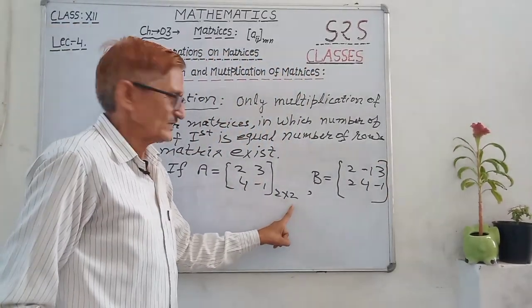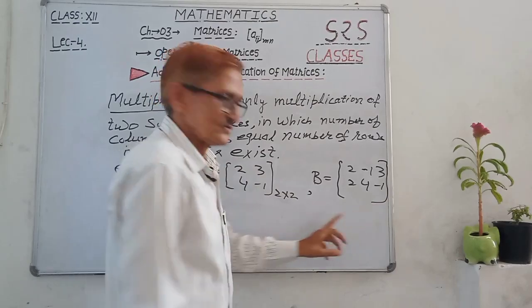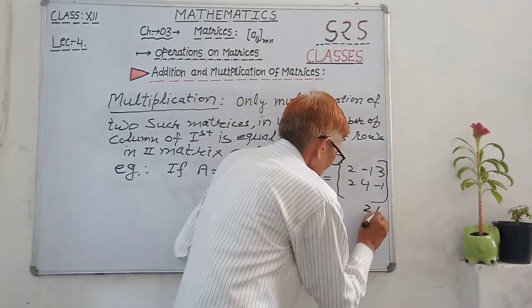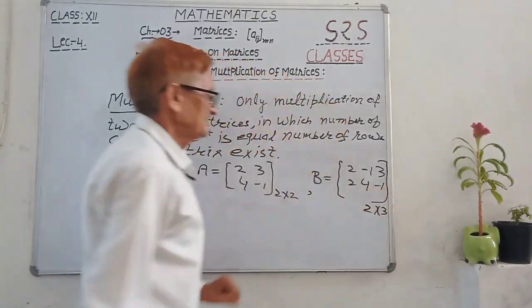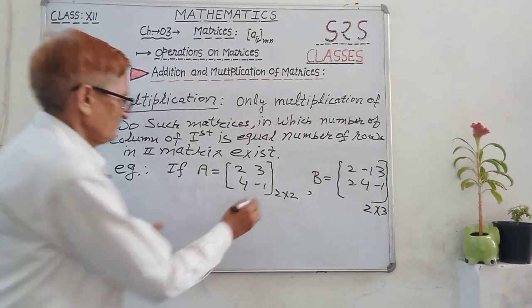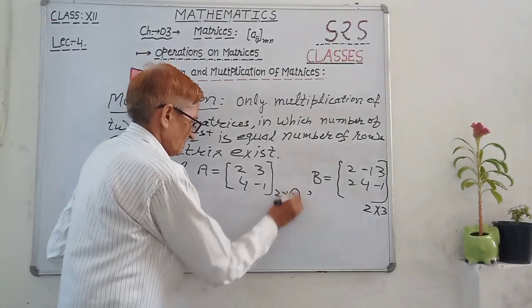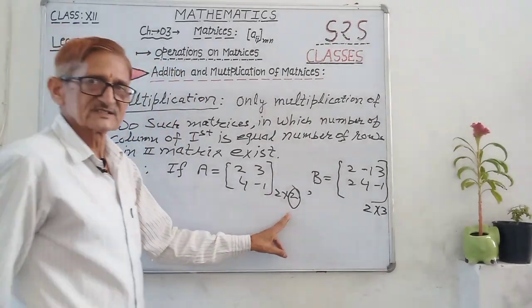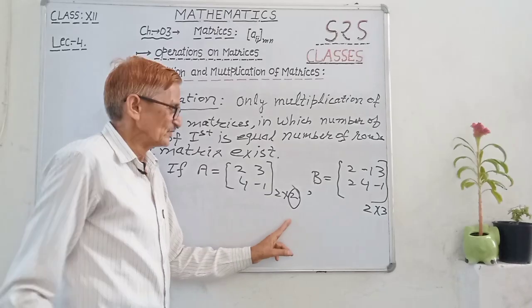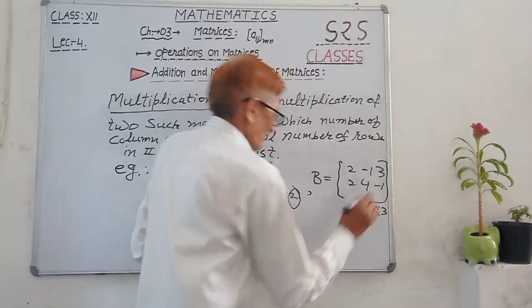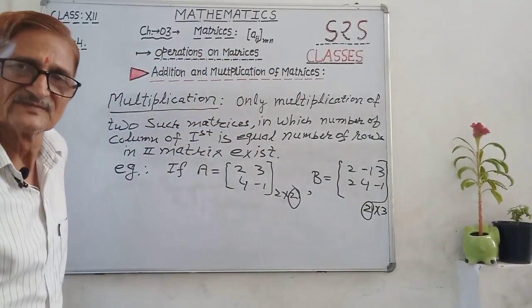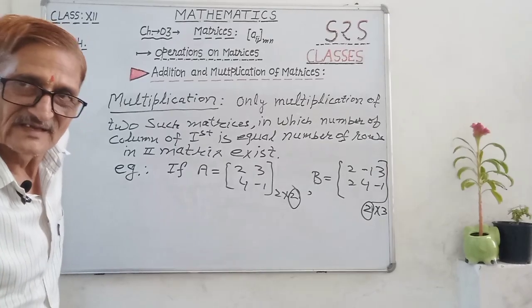It is 2 by 3. Understand? Now here number of columns of the first matrix is 2, number of rows of the second is 2, equal.